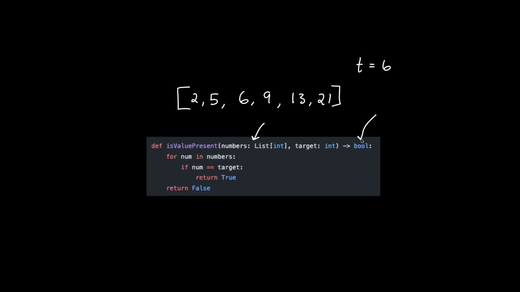And then we're going to return a Boolean, whether the value is present in the array or not. So what we're going to do is go through this array. We're going to look at each number in the numbers. If our number is equal to our target value, we'll return true. And if we go through the entire list and the value is not present, we'll just go ahead and return false. So this algorithm works great.